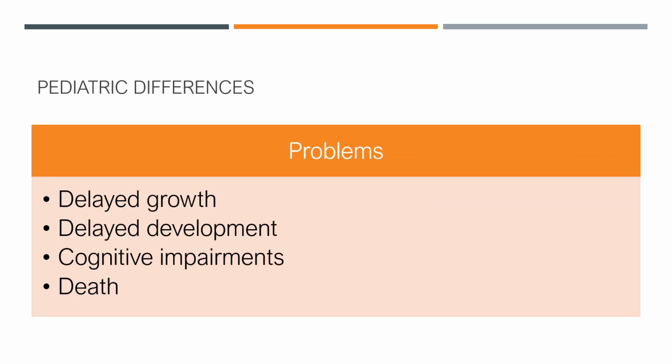These are some of the problems that any child develops related to an endocrine deficiency or excess, where we're not noticing it happening and we're not diagnosing and treating it early. These kids are going to suffer from delayed growth, delayed development, cognitive impairments, and potentially death.